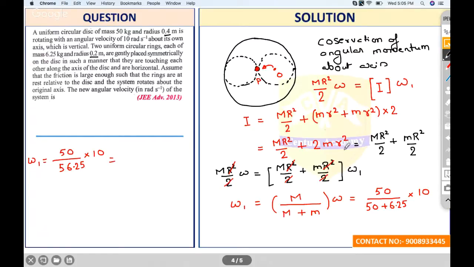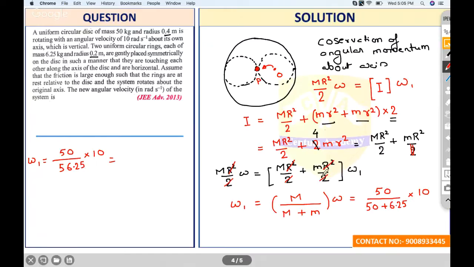There is a small mistake here. Actually, m r square plus m r square into 2 will give you 4 m r square. And small r is capital R by 2, so this is just m r square. Fine.